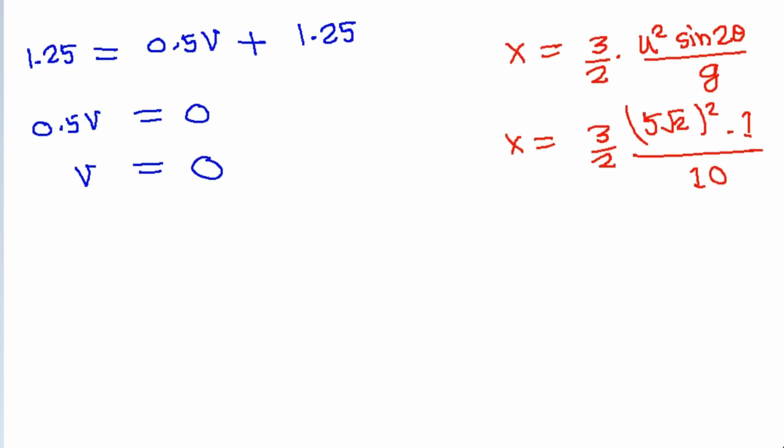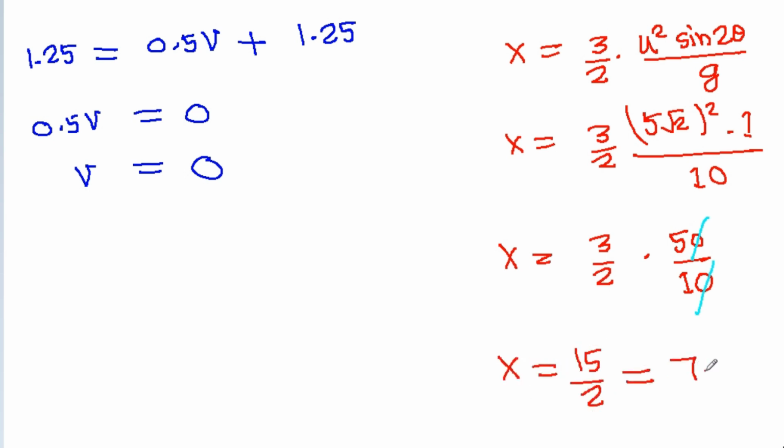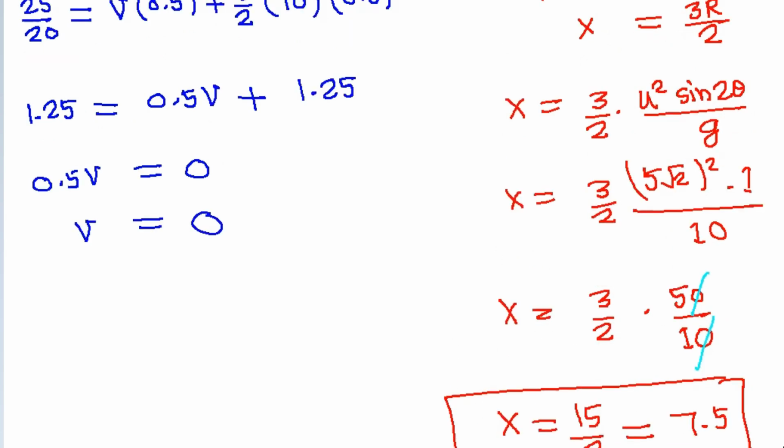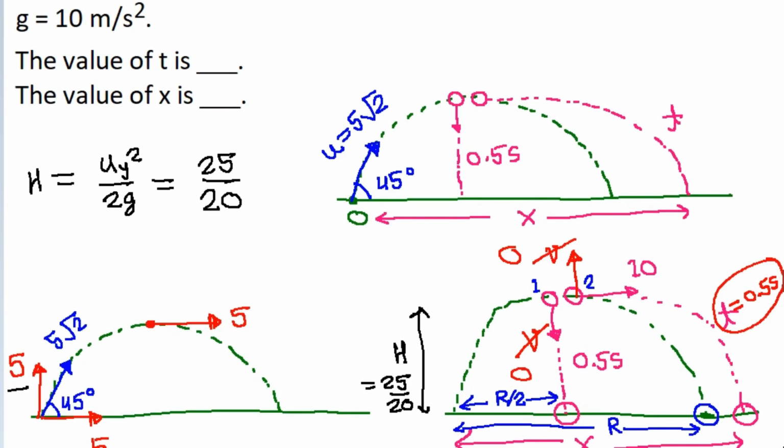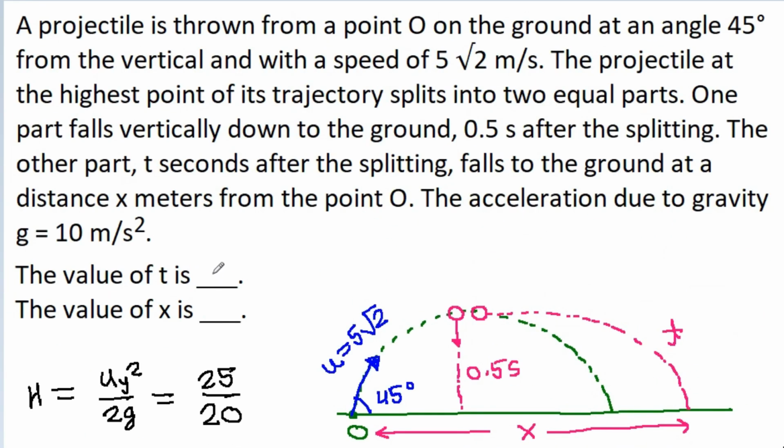So we get x is equal to 3 by 2 times 5 root 2 square is 50 by 10, and the 0s get cancelled and we get x is equal to 15 by 2, that is equal to 7.5. So it is the value of x. So we get t is 0.5 second and x is 7.5 meter.